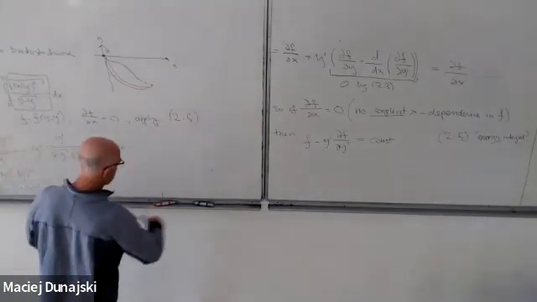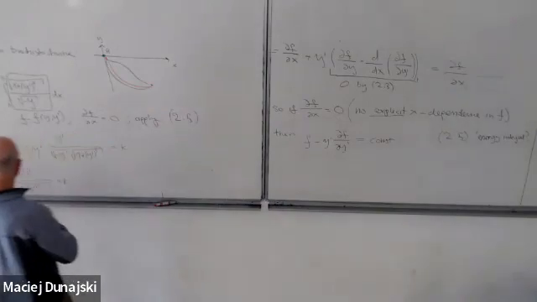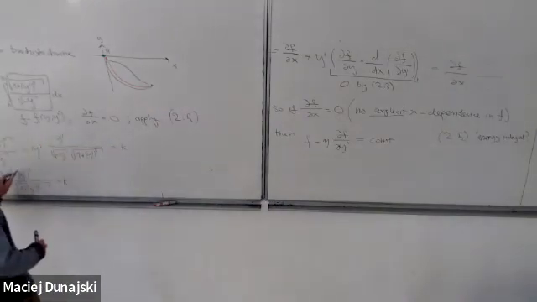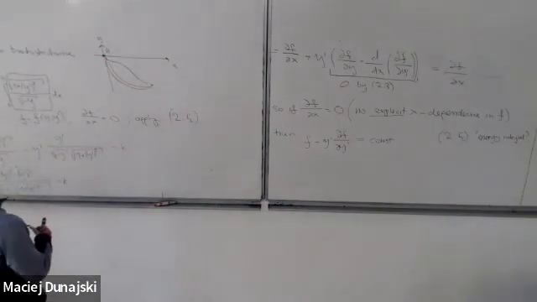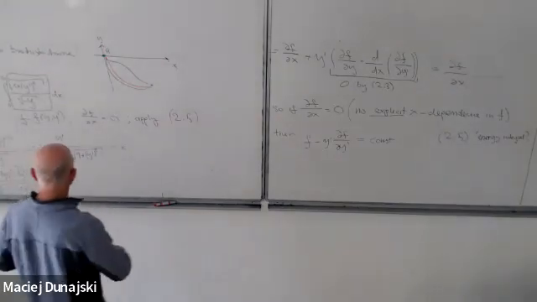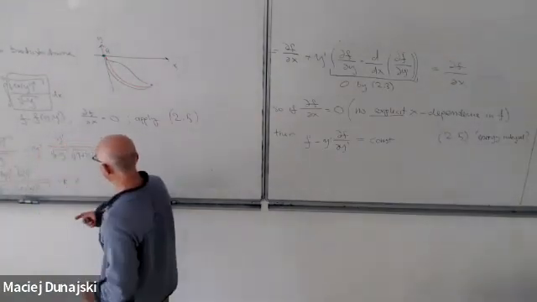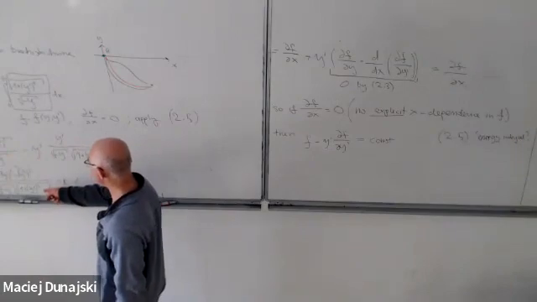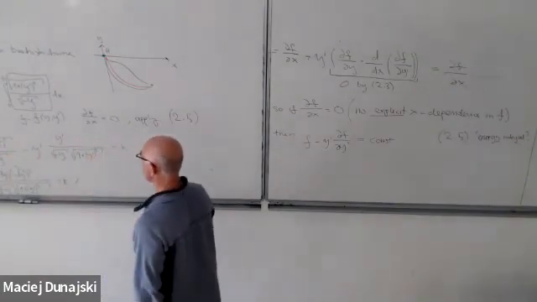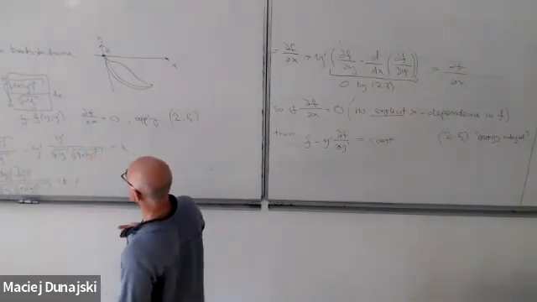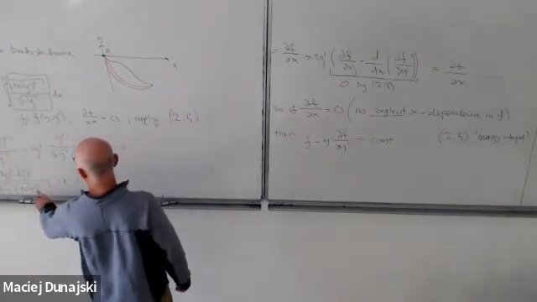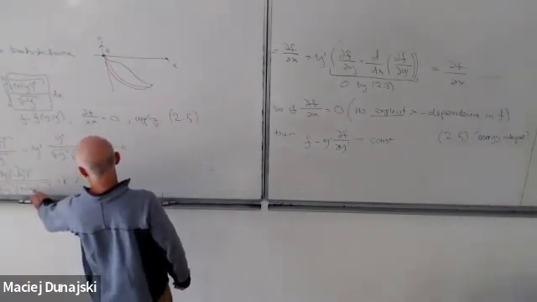So now these two terms cancel. I can multiply both sides by the denominator and square them, well, maybe only by this part of the denominator squared.